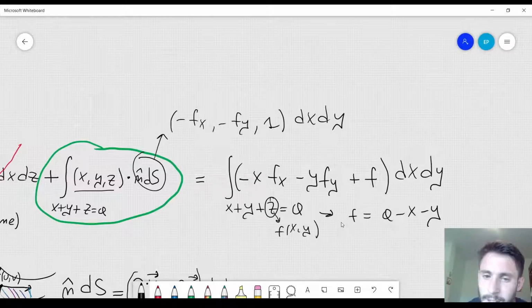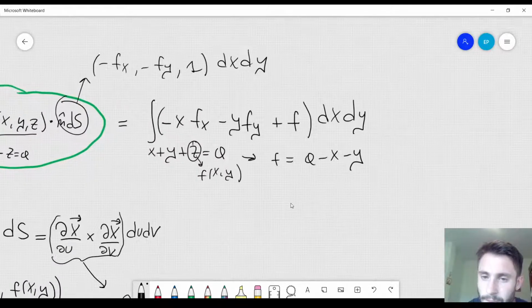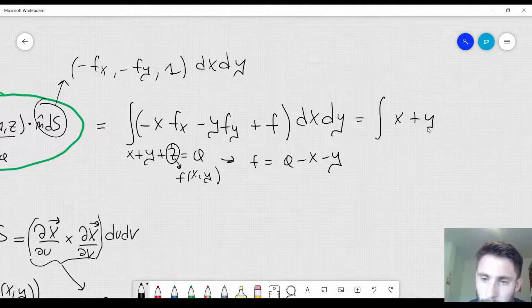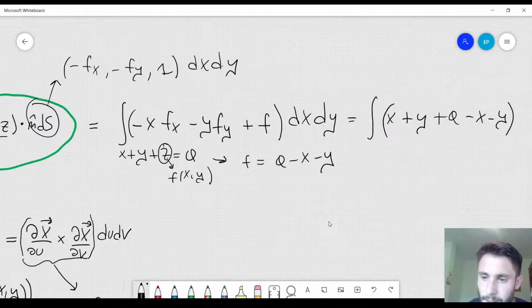So if I take the derivative with respect to x, I will get minus 1, and also if I take the derivative with respect to y, I will get minus 1. So this will be given by the integral of x plus y, and then I have plus f, which is plus a minus x minus y, dx dy.